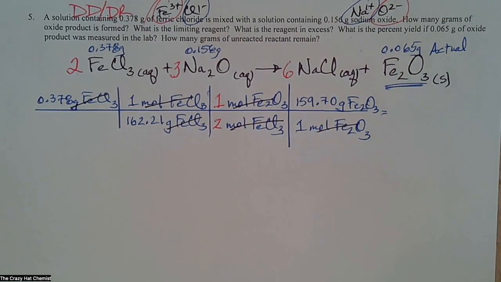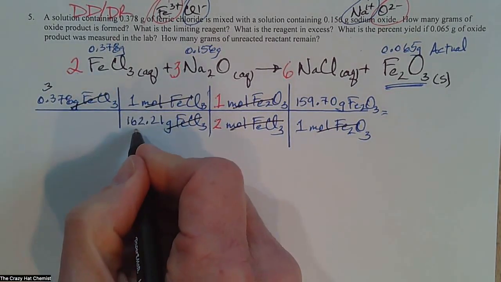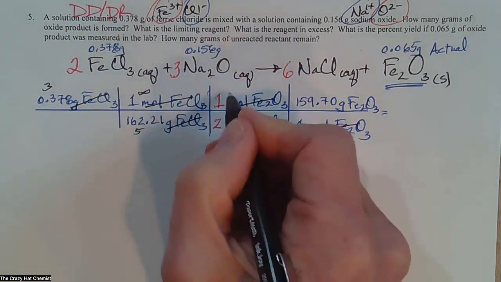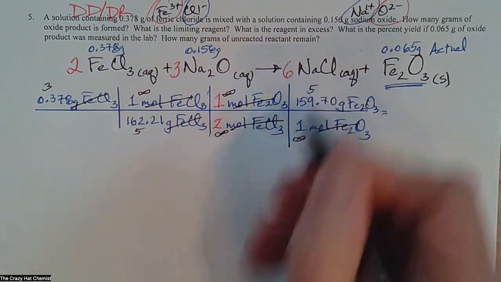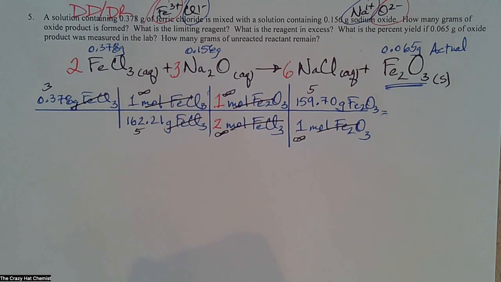I'm going to look at significant figures on this problem, and I have 3 significant figures: 5, infinite, infinite, infinite, infinite, and 5. So the fewest number of significant figures I have is 3.